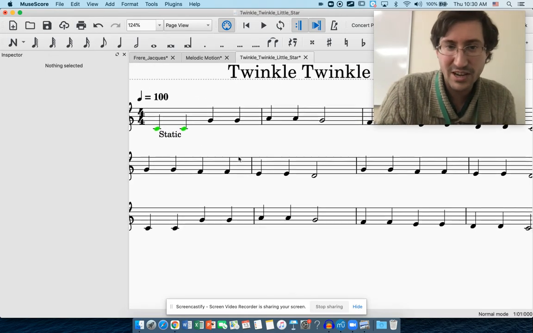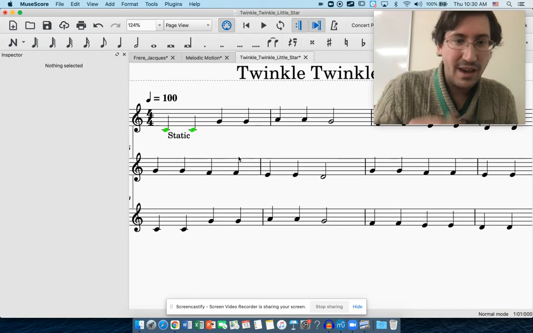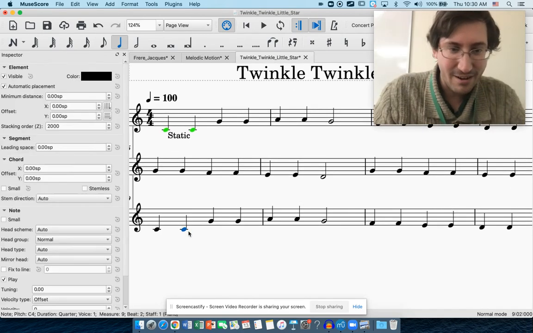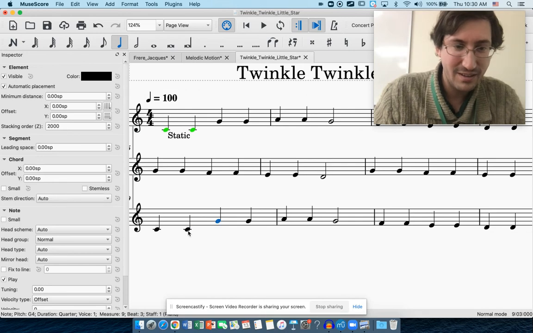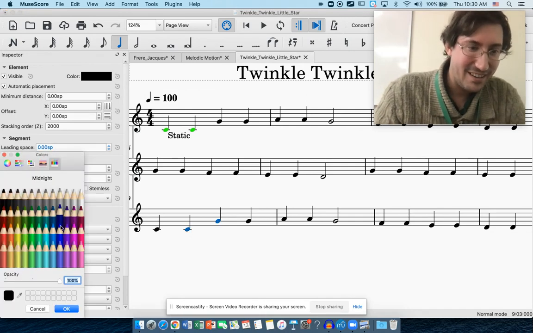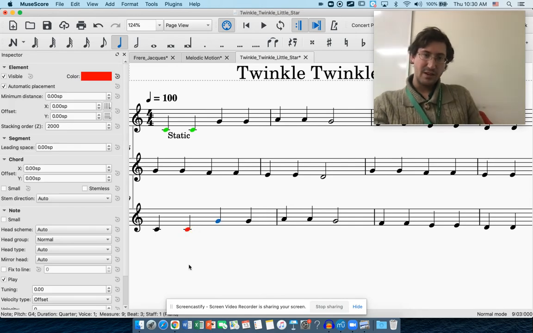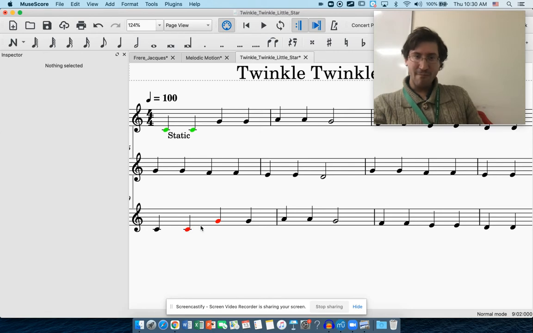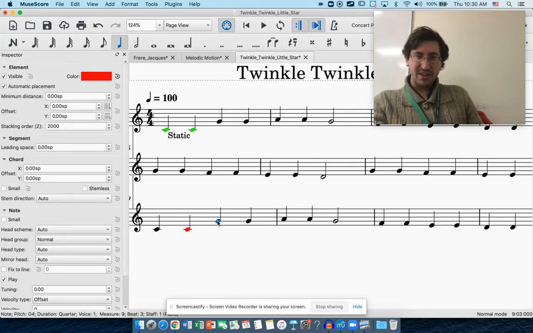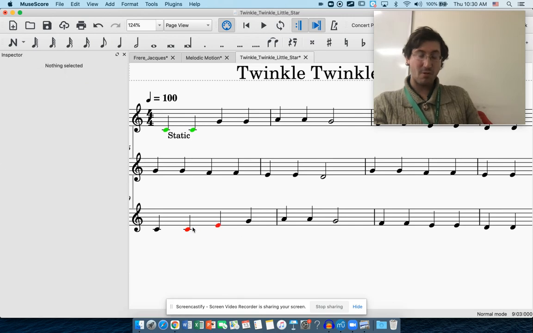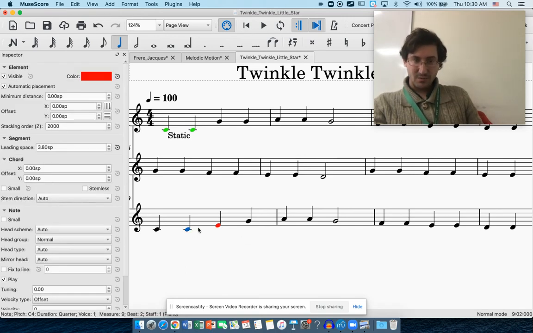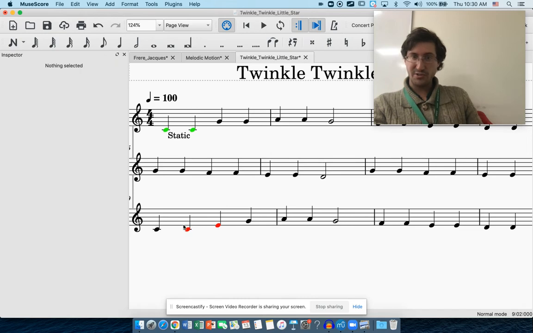All right, let's take another example here. Let's look at these down here. Okay, so let's look at these two notes here. We've got the C up to a G. Well, it's bigger than a step because C to D would be a step. It's bigger than a skip, because we've gone past just two steps.